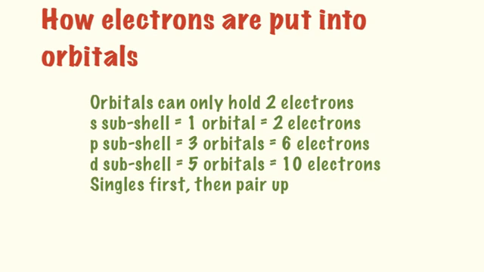The subshell P can hold 6 electrons, or 3 pairs of electrons, so it has 3 orbitals in it. The subshell D can have 10 electrons, or 5 pairs of electrons, so we have 5 orbitals in it.